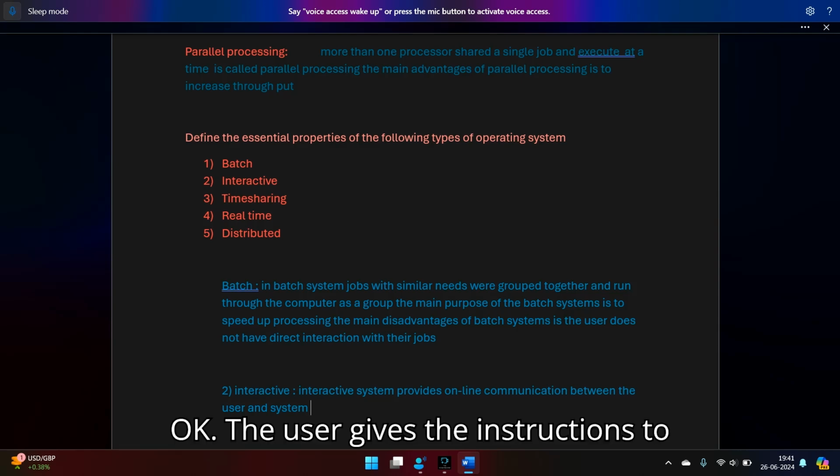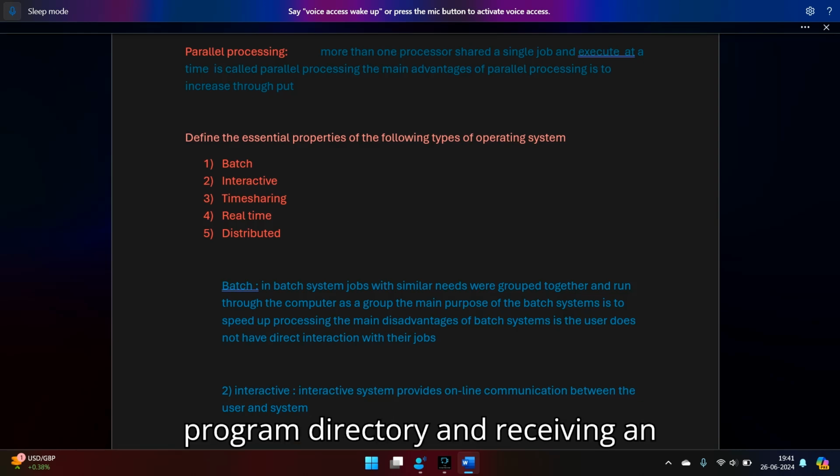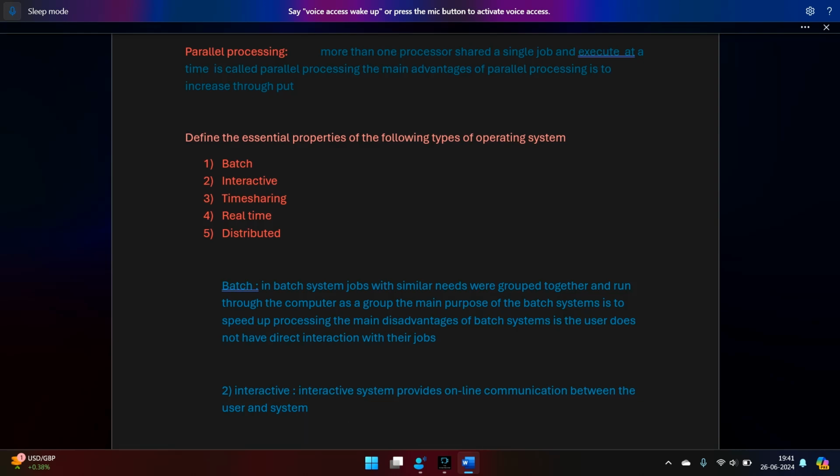The user gives instructions to the operating system or to a program directly and receives an immediate response.